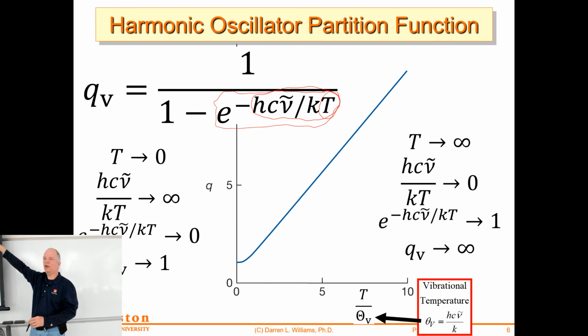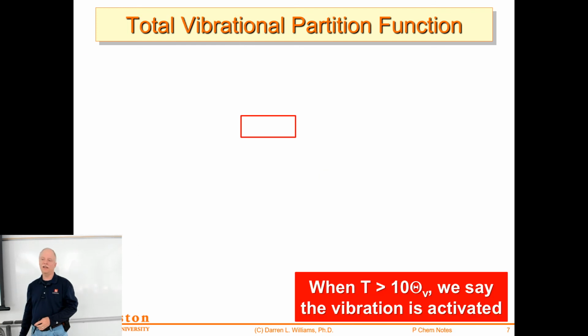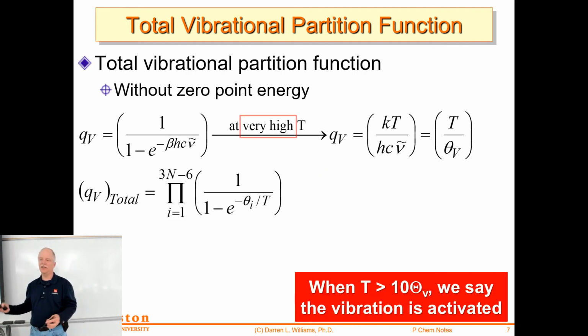Now we can be sure that after you get to 10 times, so temperature over the vibrational temperature, if that's 10 or more, then it's linear, it's locked in. And so that's when we have this, just the Q approaches T over theta V. So whenever we say the temperature is greater than 10 times the vibrational temperature, then Q is simplified to this.